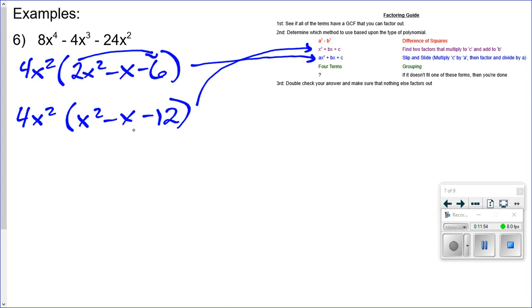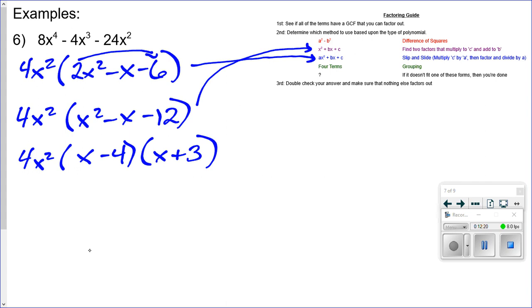So anytime your product is negative, you know they have different signs. The bigger number needs to be negative, since this needs to be negative 1 here. So I'm thinking negative 4 and positive 3. Again, don't lose track of this 4x squared here. So I have x minus 4 times x plus 3.